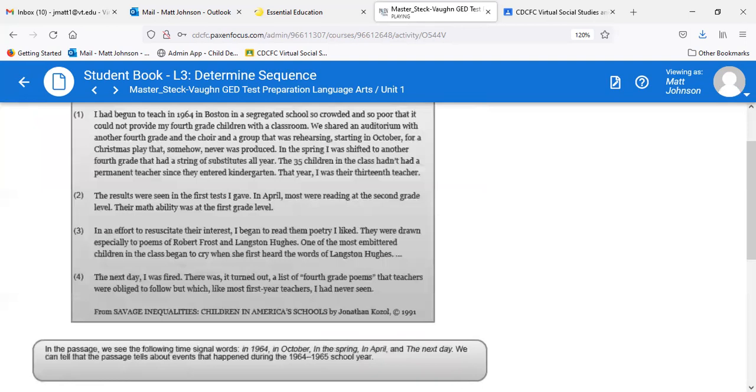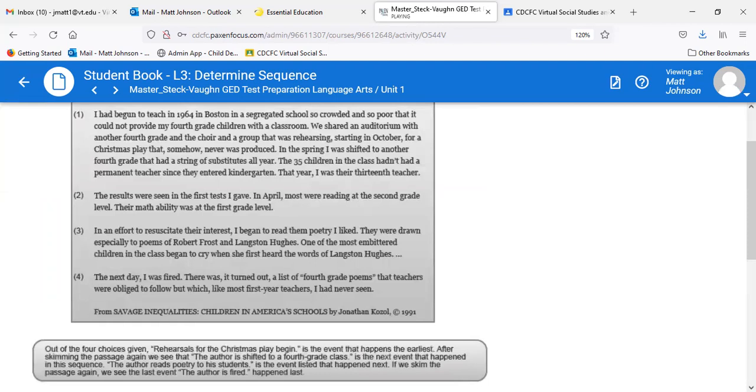In the passage, we see the following time signal words: in 1964, in October, in the spring, in April, and the next day. We can tell that the passage tells about events that happened during the 1964-1965 school year. Out of the 4 choices given, rehearsals for the Christmas play begin is the event that happens the earliest.